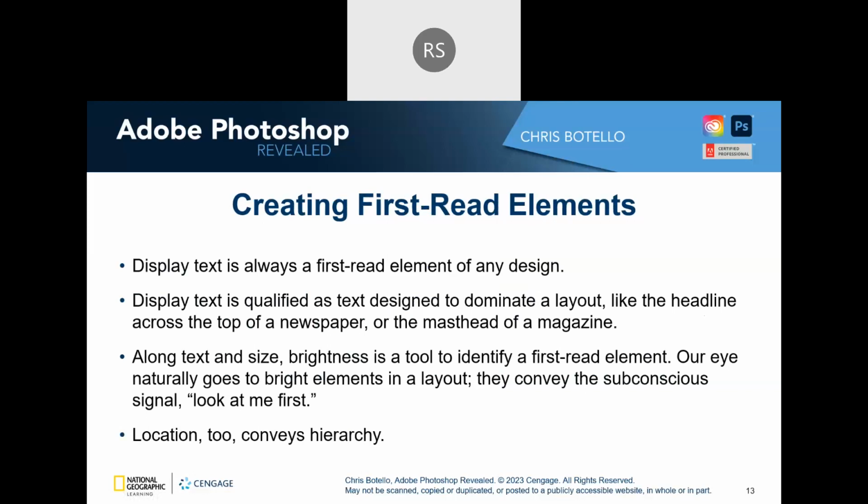You want to use the alignment, the brightness, and the size to identify first read elements. You want your eyes to naturally go for the brightest element in the layout, so we see our eyes naturally go for that. You want that to be your first read element, conveyed to the viewer to say, look at me first. Once again, the alignment and the location can also convey the hierarchy.